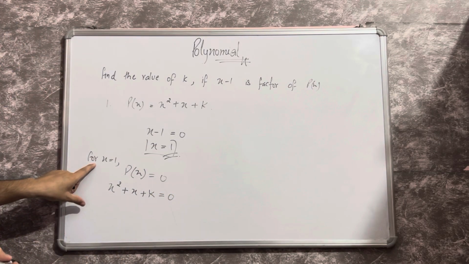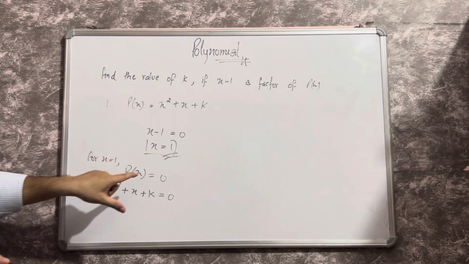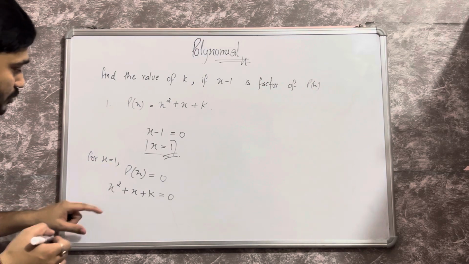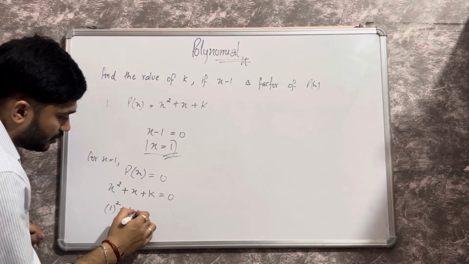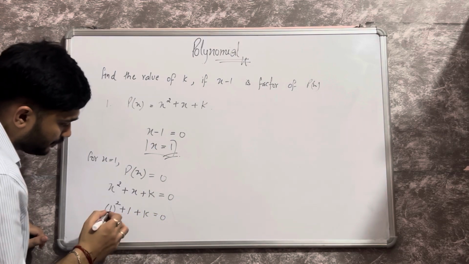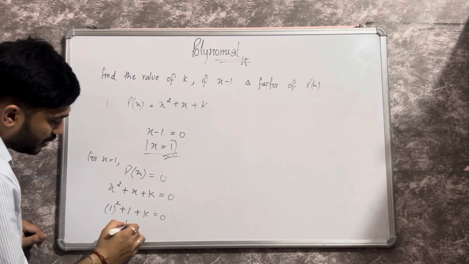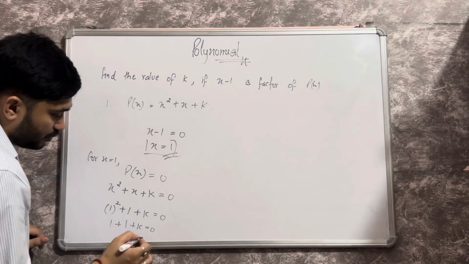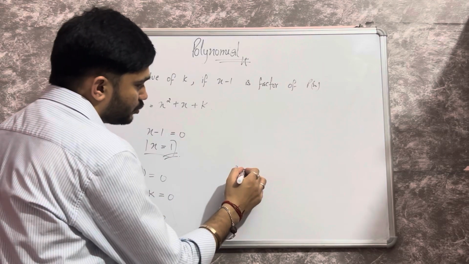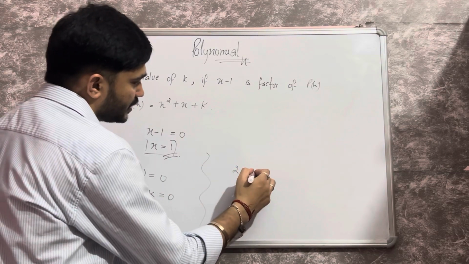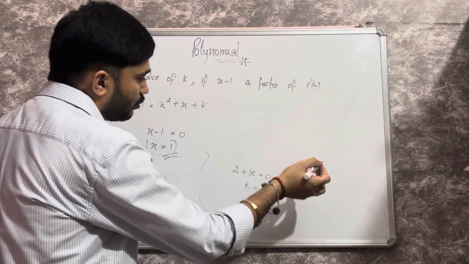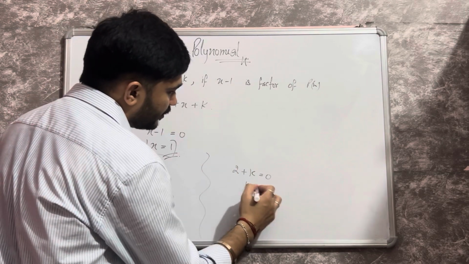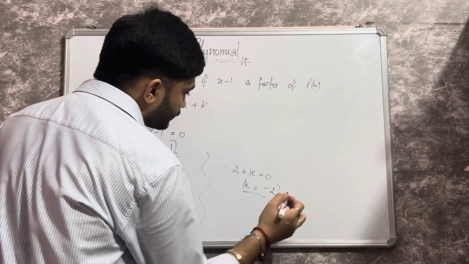We have already seen the value of x is equal to 1. So put the value of x here, that is 1 square plus 1 plus k equal to 0. 1 square is 1, 1 plus 1 is 2, plus k equal to 0. Now taking this 2 onto the right hand side, you will get the value of k as minus 2. Any doubt?